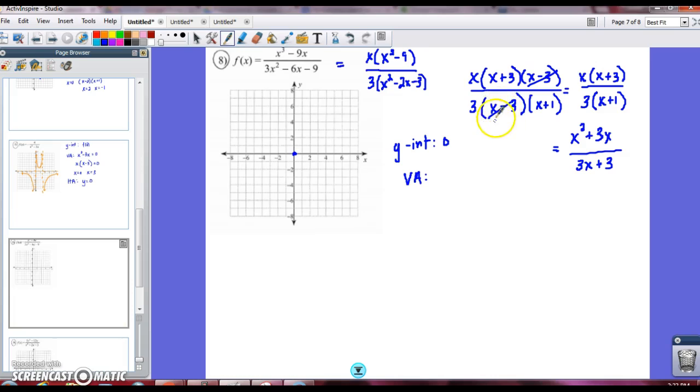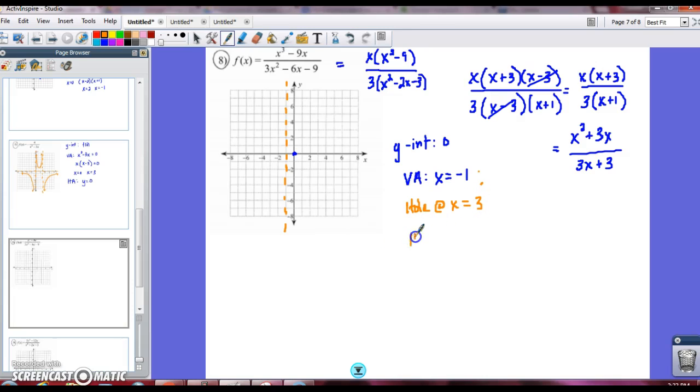Okay, so we will have a hole at 3, but we do have a vertical asymptote at negative 1. So let me go ahead and graph that. And then just remember, we'll have a hole at x equals 3.